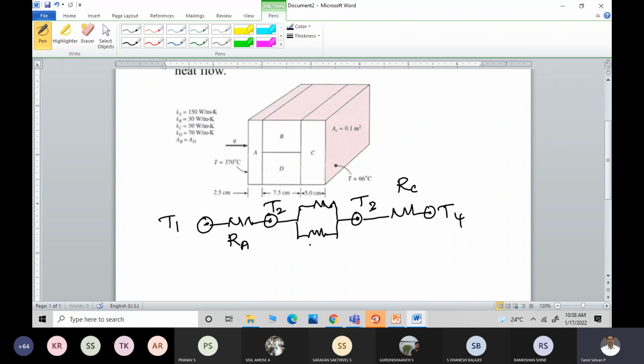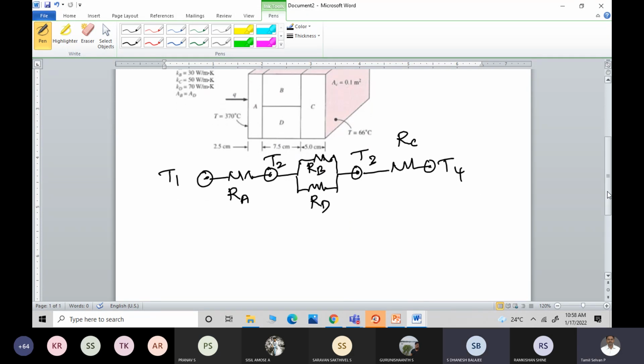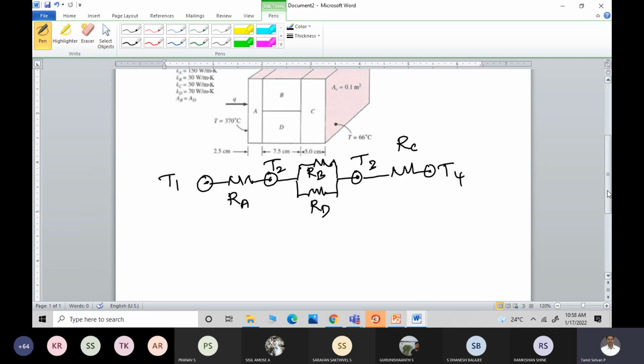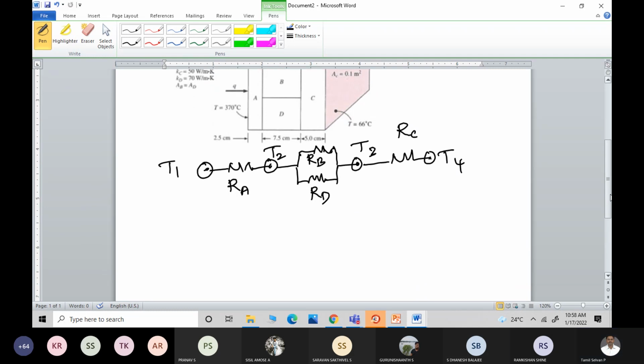Am I correct? Is this the circuit? Yes, sir. All of you are able to understand the thermal circuit by using the electrical analogy. When we do that for this composite wall, it will be like this. Am I correct? Yes, sir.